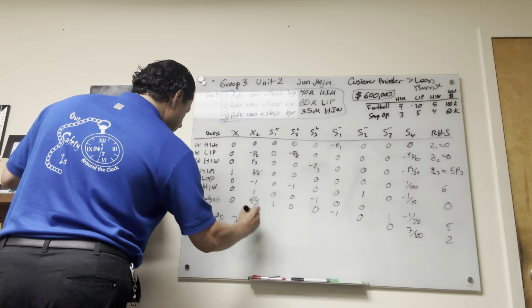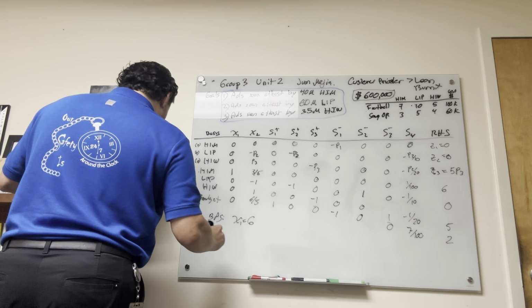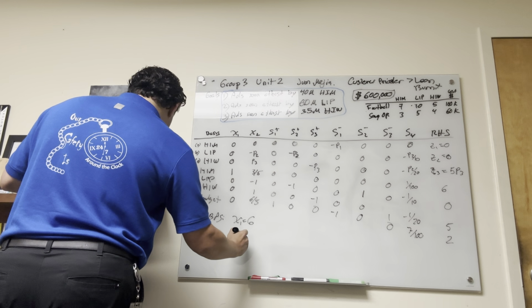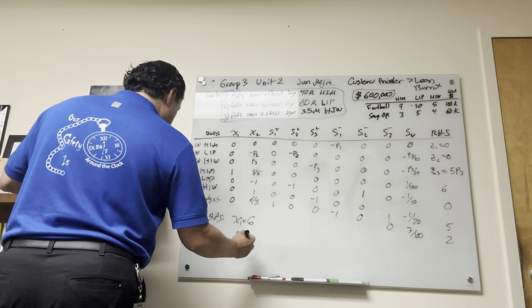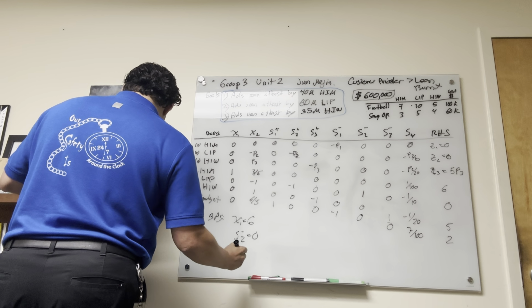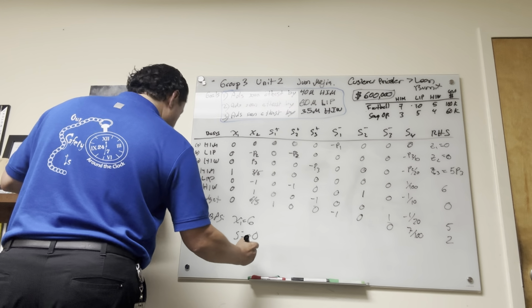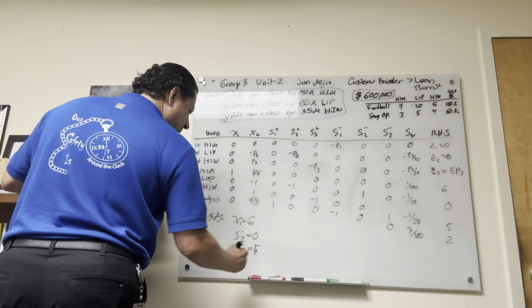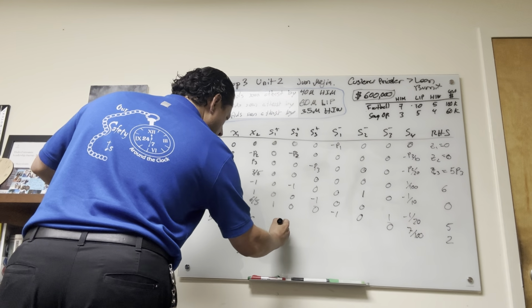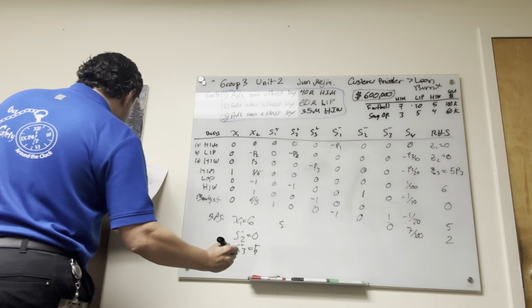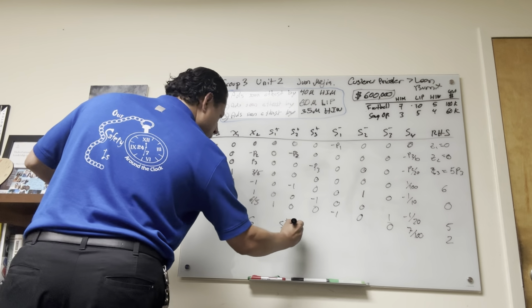x1 equal to 6, which is this one. We would have s negative 2 equal to 0, s negative 3 equal to 5, and s positive 1 equals 2.